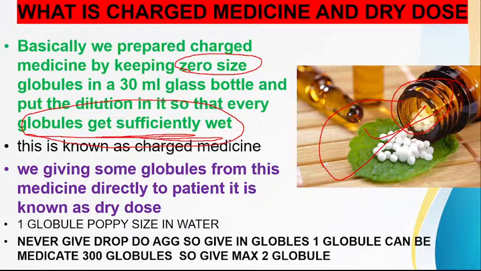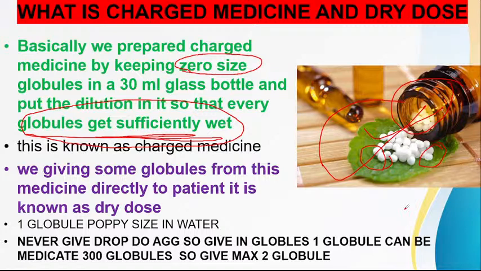Now whenever we have selected the medicine, say Sulphur, for this patient, we take one or two globules from this charged medicine, put them with 10 to 12 non-medicated globules, and give this to the patient.